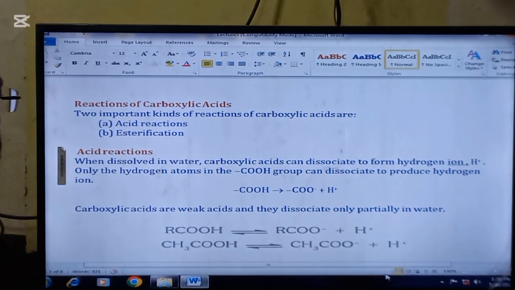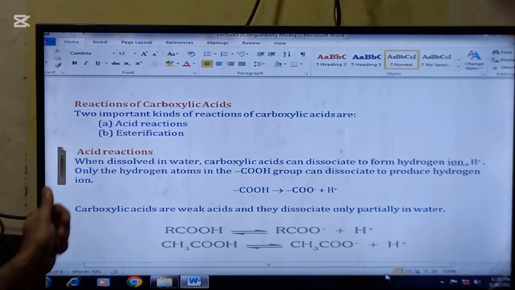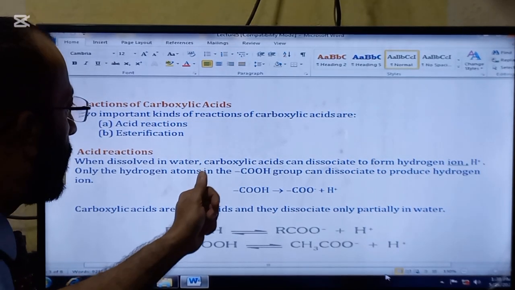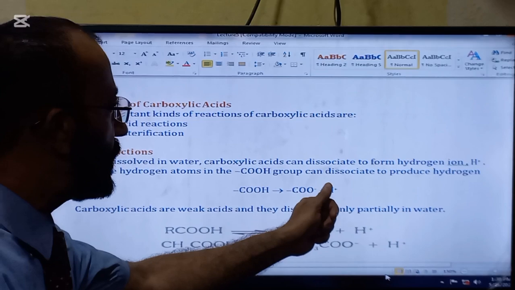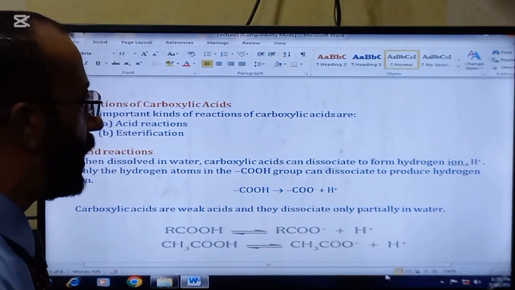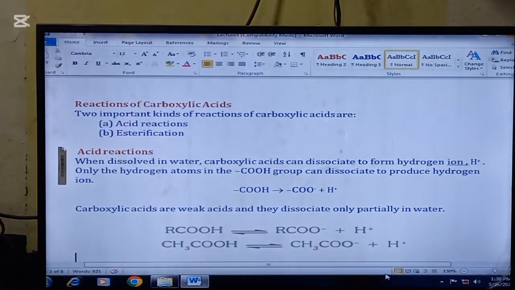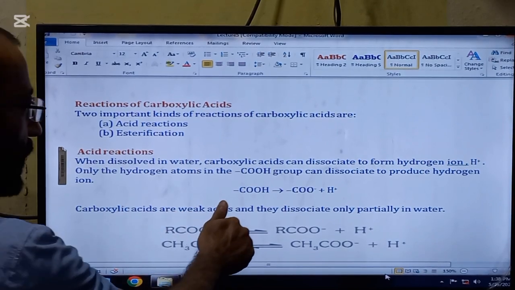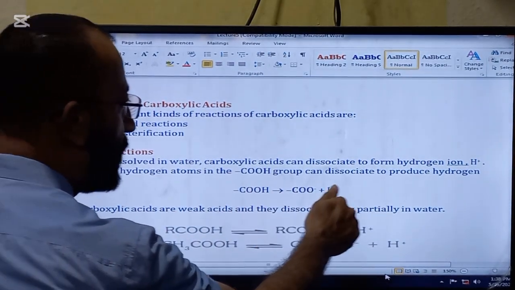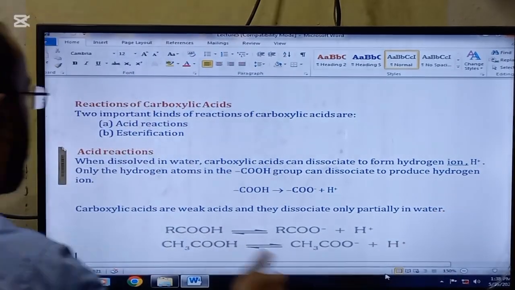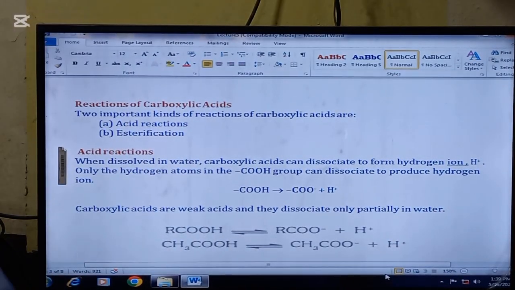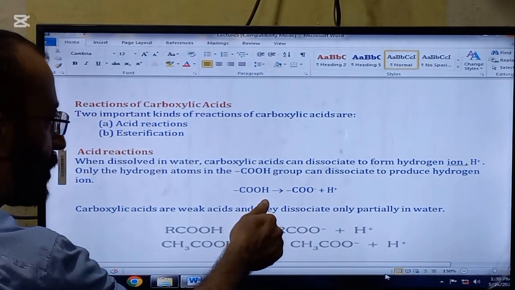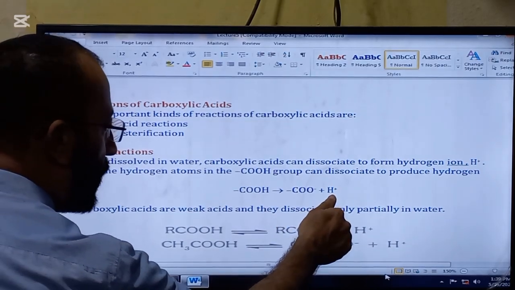First is acid reactions. When dissolved in water, carboxylic acids can dissociate to form hydrogen ion, H+. Only the hydrogen atom in the COOH group can dissociate to produce hydrogen ion. So this H will dissociate to form hydrogen ion.